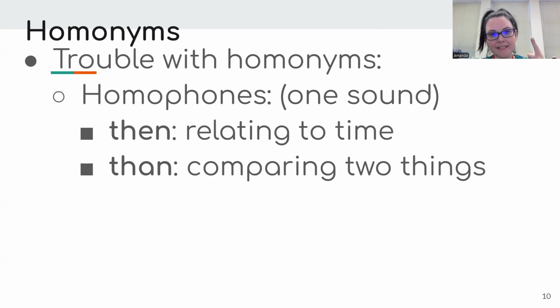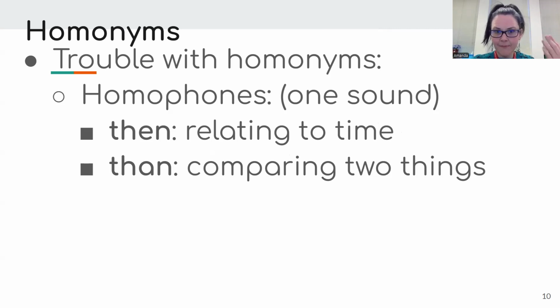So we have an activity and then another activity. We're talking about time. Then, it's a lot more of a longer A for me, especially being Southern. Then we're comparing. There's an A in compare. We're comparing two things. My daughter is taller than I am. So that A, compare.